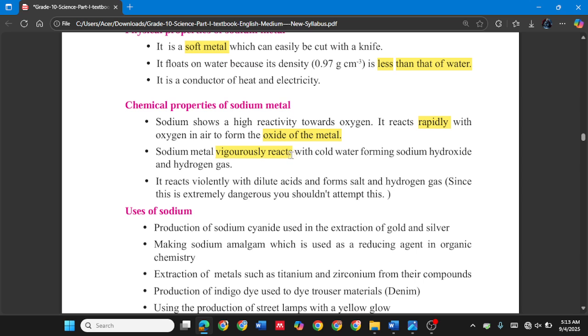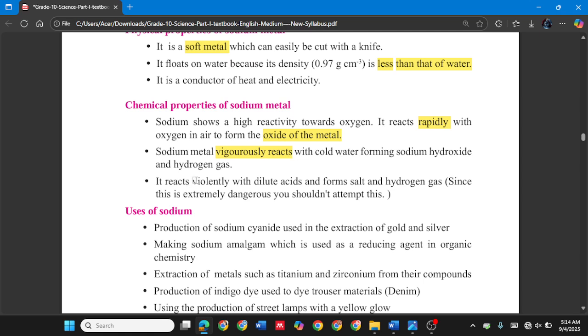Sodium metal vigorously reacts with cold water, forming sodium hydroxide and hydrogen gas. So with oxygen it reacts rapidly, and when it comes to cold water it vigorously reacts.